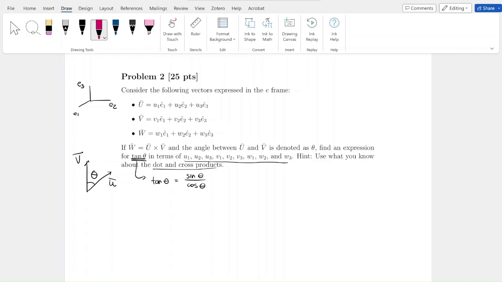So those correspond to, for example, U dot V is equal to the magnitude of U times the magnitude of V cosine theta. And a similar thing happens for U cross V. So if we have U cross V, the magnitude of this is going to be equal to the magnitude of U times the magnitude of V times sine theta.